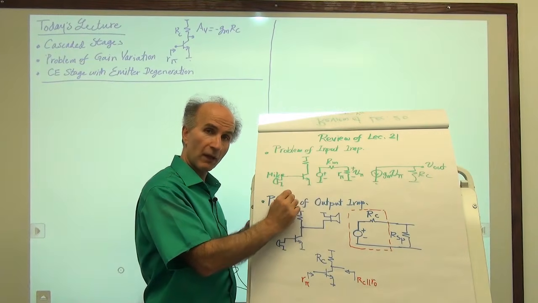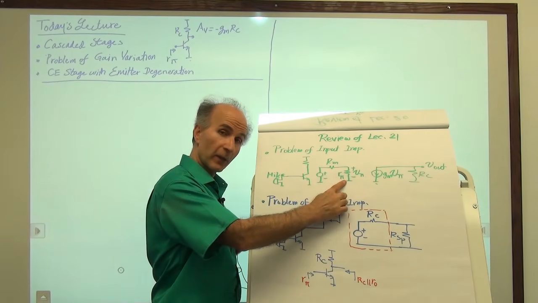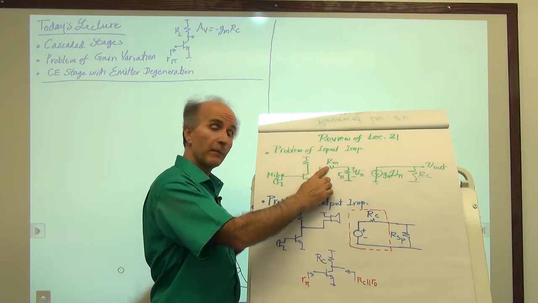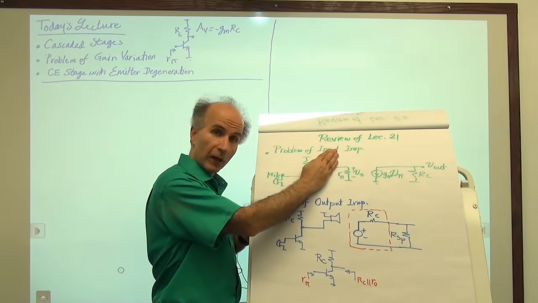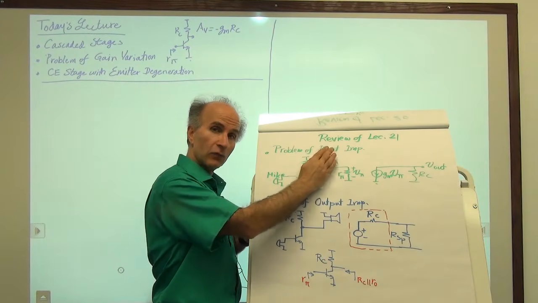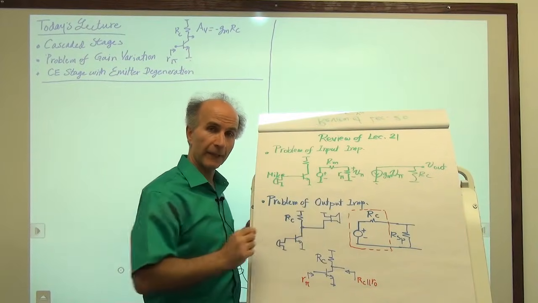This attenuation arises because we have Rm here and we have Rpi here. If Rm is not under our control, meaning this is a microphone that we buy, then the only way to reduce this attenuation is to maximize Rpi.